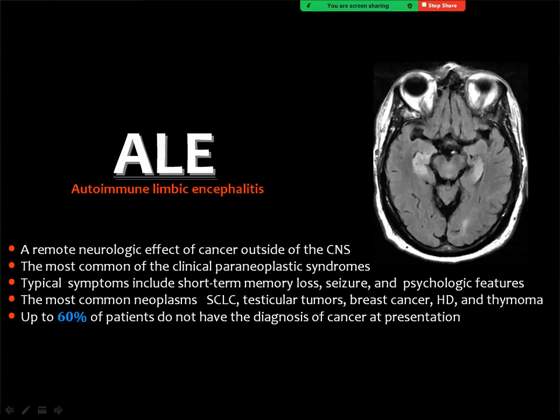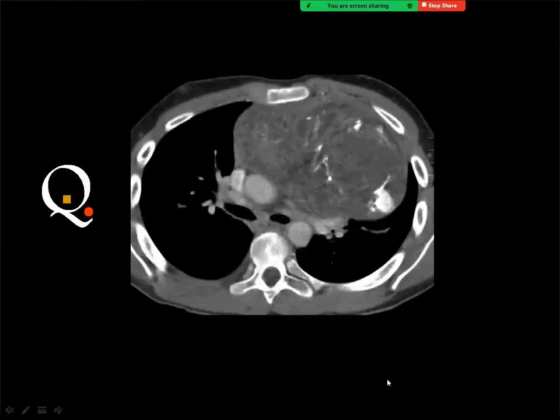This is a reaction to tumors outside the CNS, and is considered one of the paraneoplastic syndromes. It presents by memory loss, seizures, and psychologic features. The most common neoplasms that can be associated with limbic encephalitis are small cell lung cancer, testicular tumors, breast cancer, Hodgkin disease, and thymoma. In about 60% of patients, the cancer is not present at the presentation of limbic encephalitis.